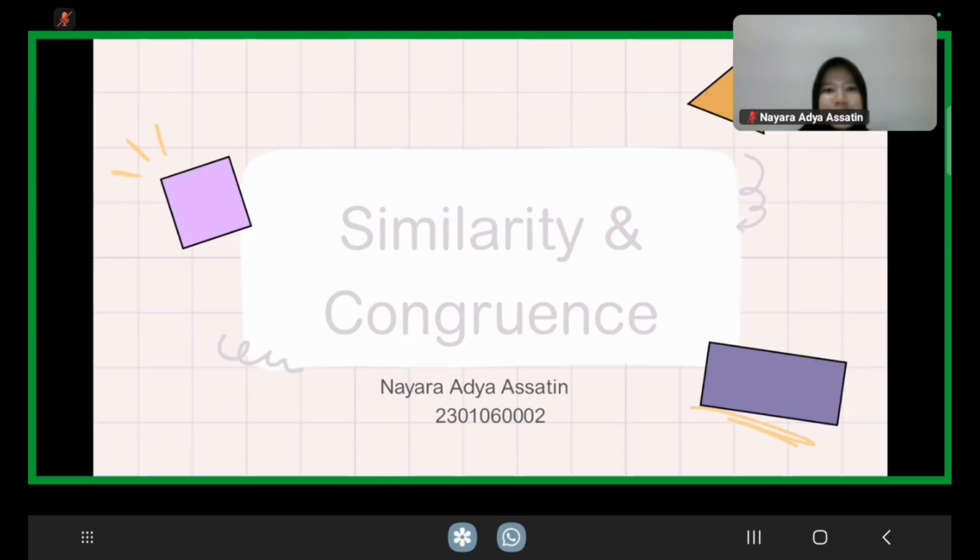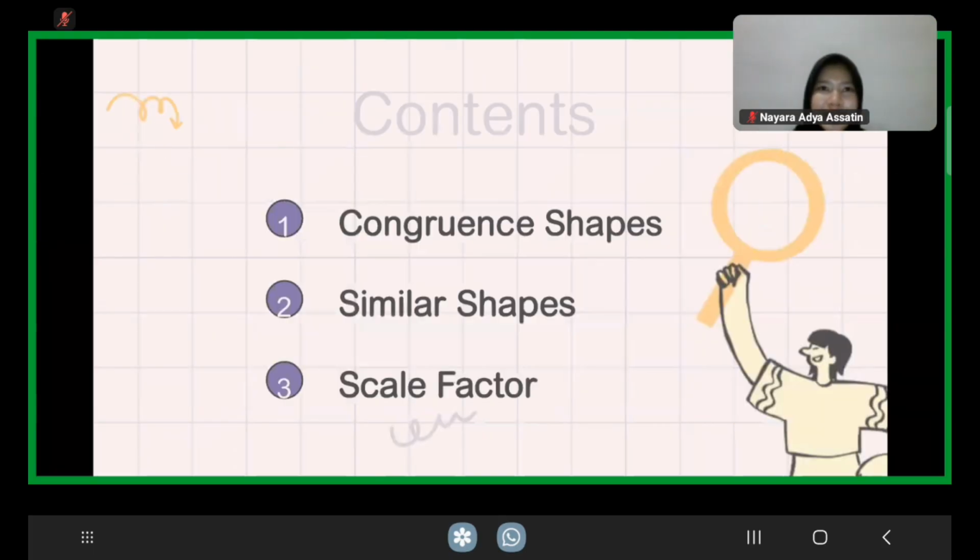Okay, similarity and congruence. In this lesson, we will talk about first, congruent shapes, second, similar shapes, and last, scale factor.